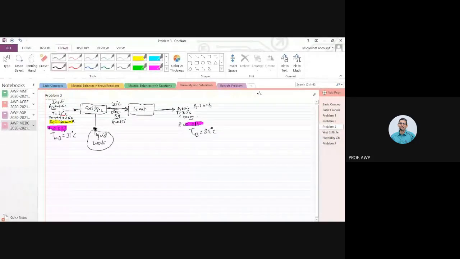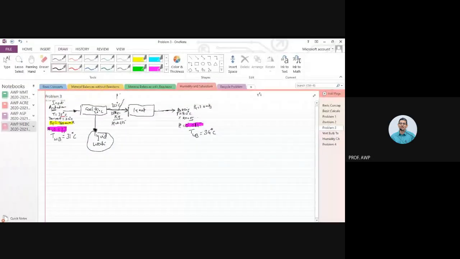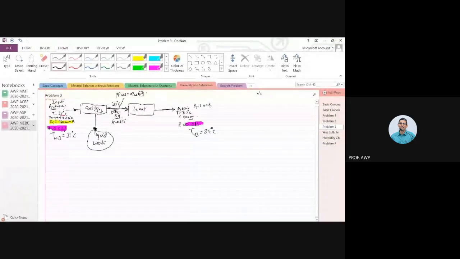It had 100% RH. Do you agree? Yes, sir. And therefore, partial pressure of water vapor in this air must be equal to vapor pressure of water at this temperature, because we are cooling to 20 degrees centigrade. And that's how we calculated the humidity, isn't it?